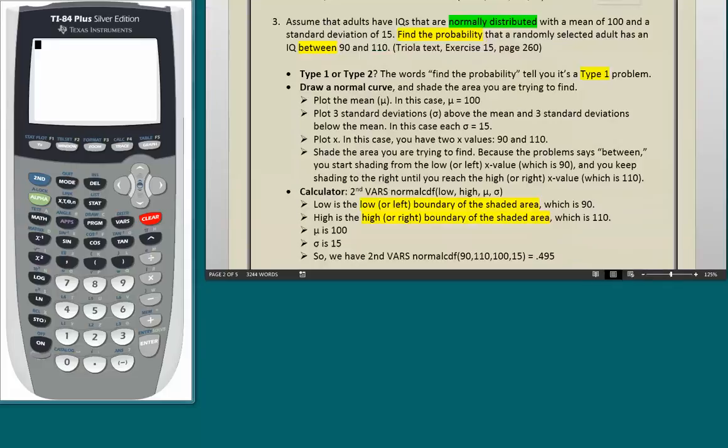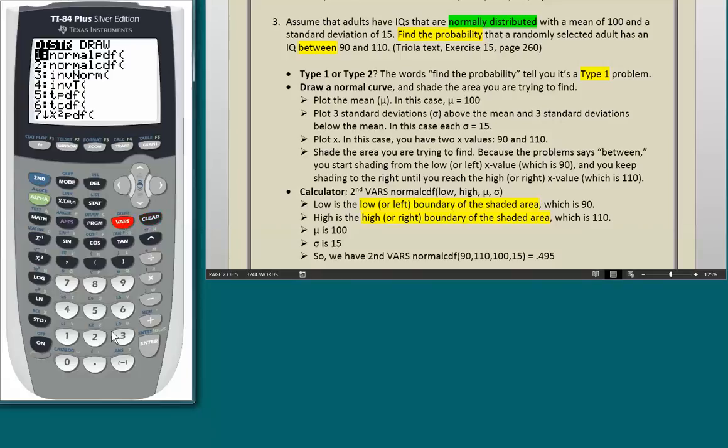So we go to the calculator. Again, because it's a type 1 problem, we're going to be doing second vars normal CDF. So here we go, second vars normal CDF. Low or left boundary is 90, so 90 goes there.